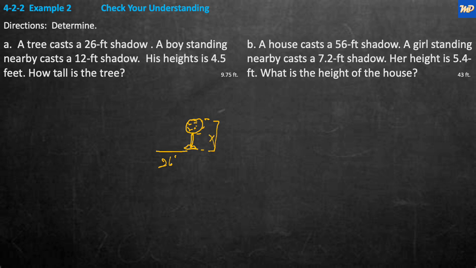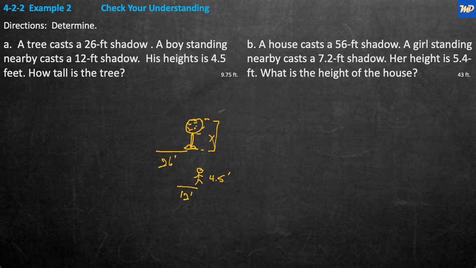And then it says that a boy standing near the tree, I'll put the boy down here, standing near the tree, and he has a shadow. His shadow is 12 feet long. 12 feet. And the boy is 4.5 feet tall. So what are our relationships?